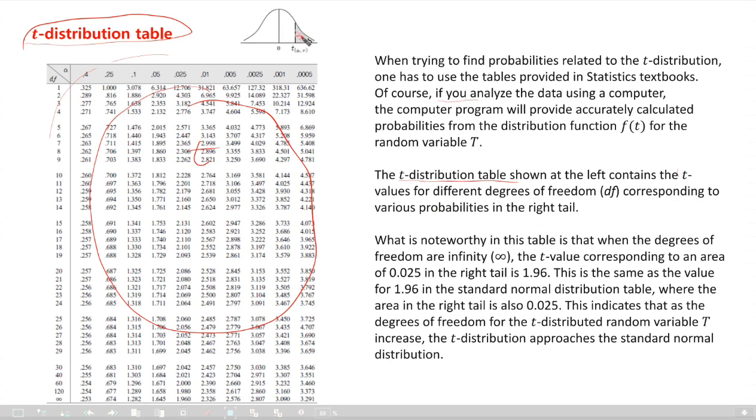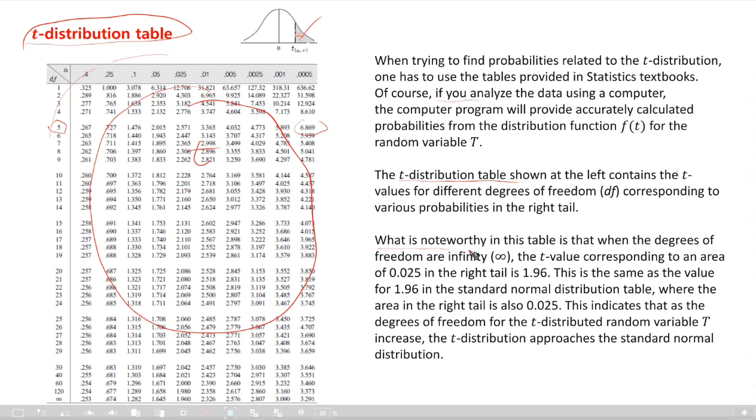When this one is 0.0005, with degrees of freedom 5, the t value will be here, 6.869, something like that. So that is the t distribution table.